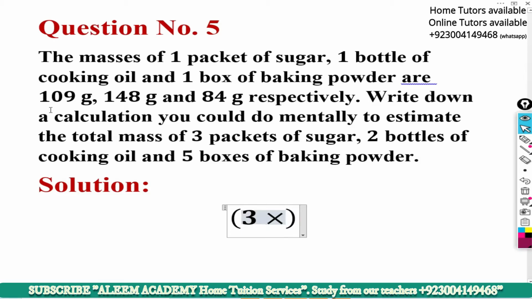So you have to estimate 109 to the nearest tens, and 109 can be 100 or 110. Okay, so this will be 110 because 9 is bigger than 5. 110.